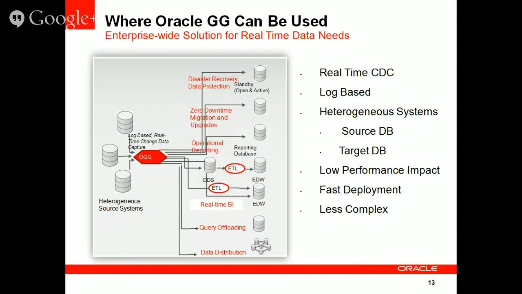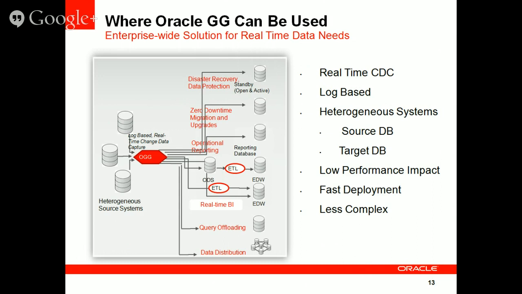Then you are having heterogeneous systems, meaning you are having different source and target databases. Then if you want to have low performance impact, then also you can use GoldenGate. Then GoldenGate is very easy to implement, so it is having faster deployment, and it is not that complex, so it is very less complex.